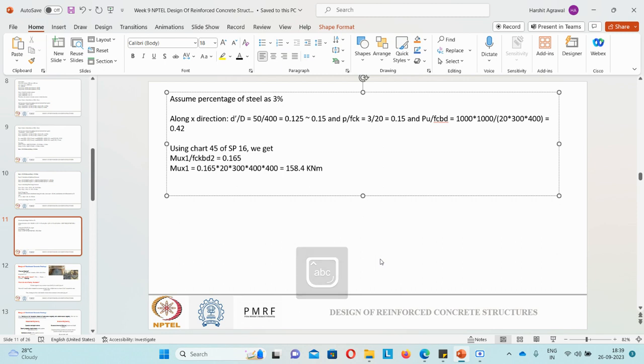Similarly, along the y direction, we have d dash by b as 50 by 300, which is nothing but 0.16. We will round it to the nearest value, so 0.15 we will take.